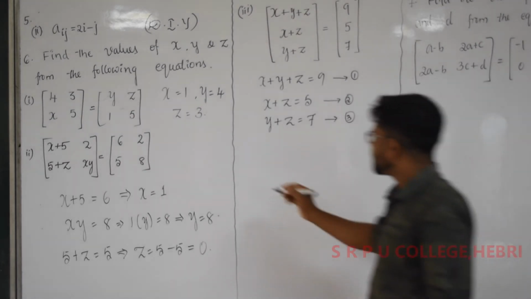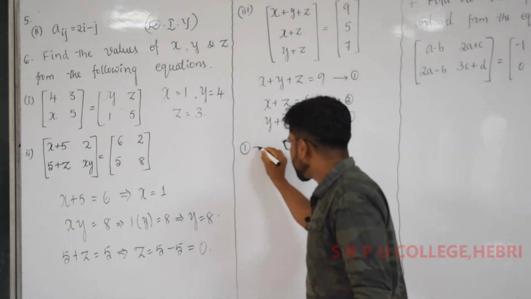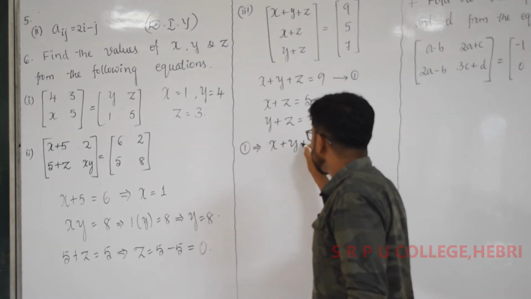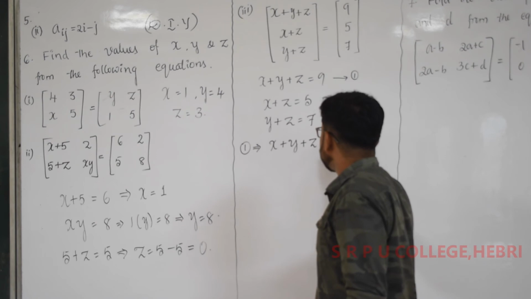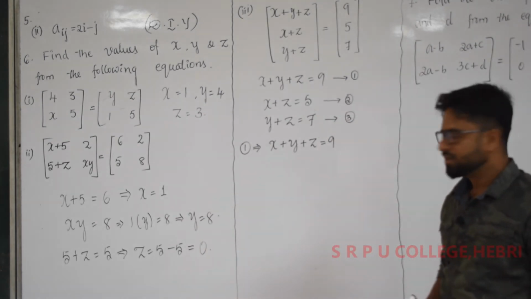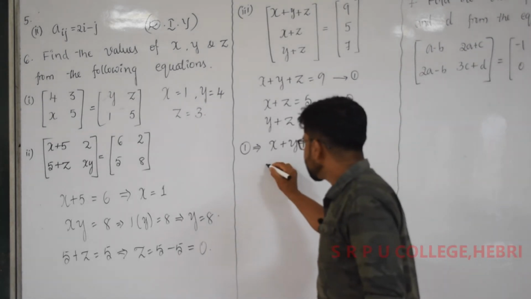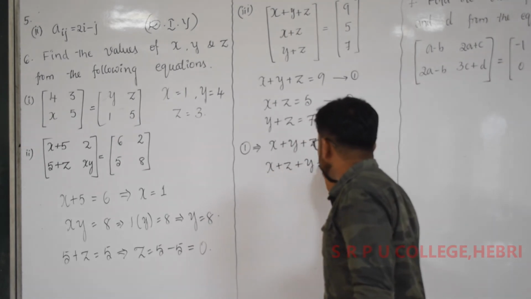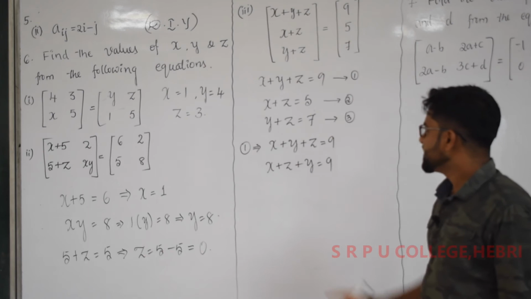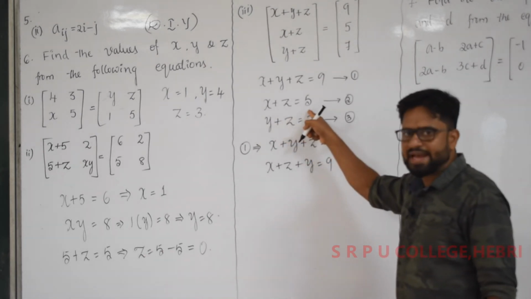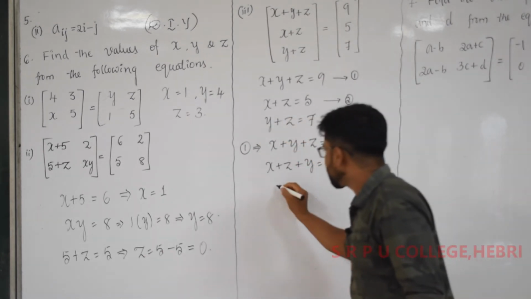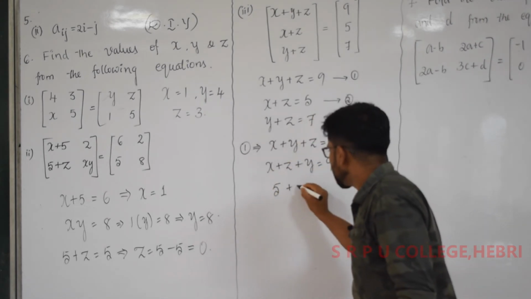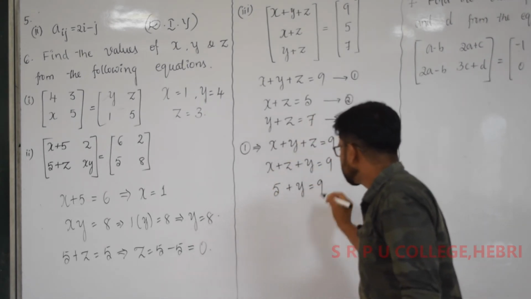Now I will take the first equation. Equation 1 implies x plus y plus z is equal to 9. I can write this as x plus z plus y is equal to 9. Why? Because x plus z value already we have. Let me substitute here, x plus z is 5, plus y is equal to 9.